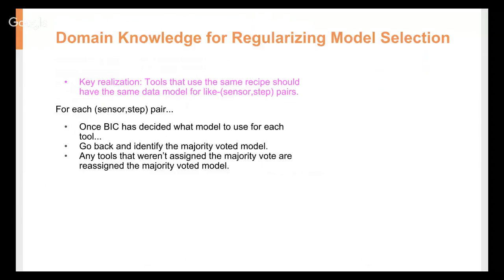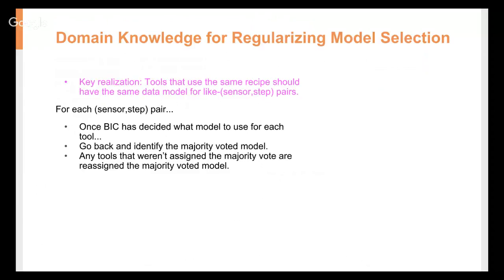And so the key realization here is just that tools that use the same recipe should have the same data model for like sensor-step pairs. So meaning that if you have the same recipe being performed on 2 different tools, and you take the same step for each of those tools, and you take the same sensor output, then there should be the same hypothesis set of functions, right?